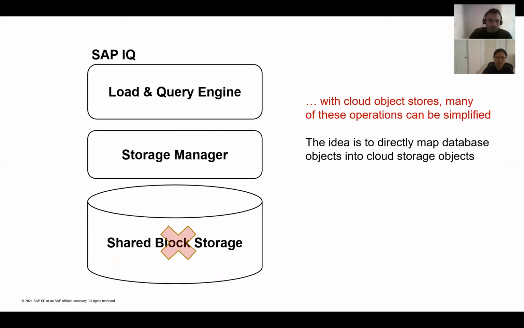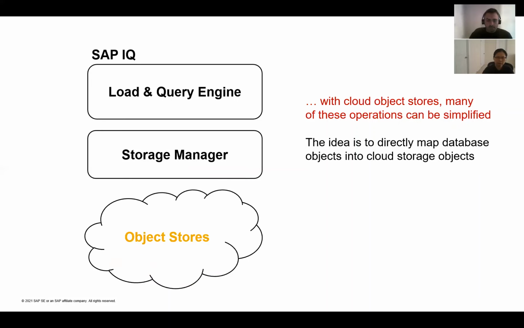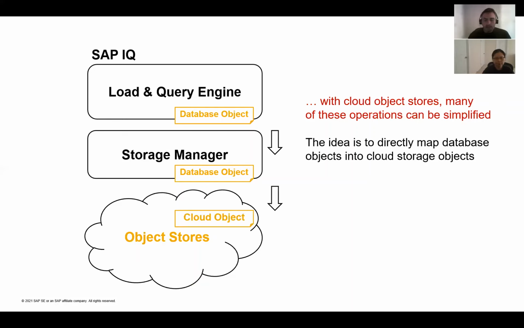So we got rid of the shared block storage device, and we replaced it with an object store. Database objects or pages are passed from the query engine to the storage manager, and the storage manager stores those directly on the object store as cloud objects.